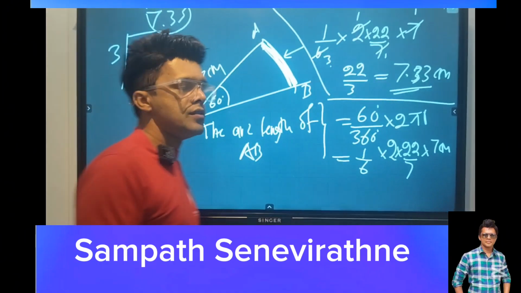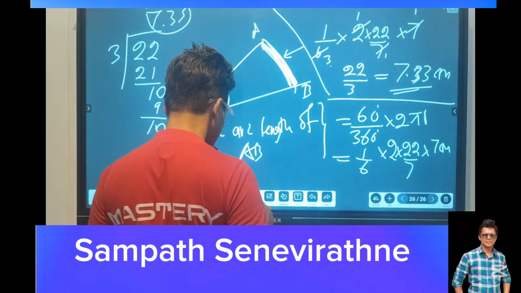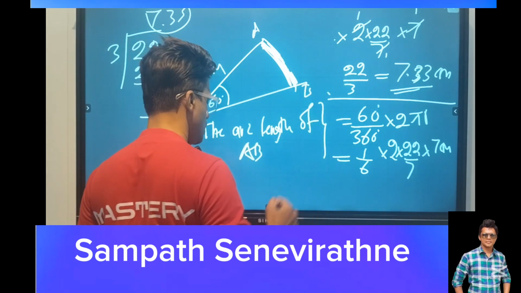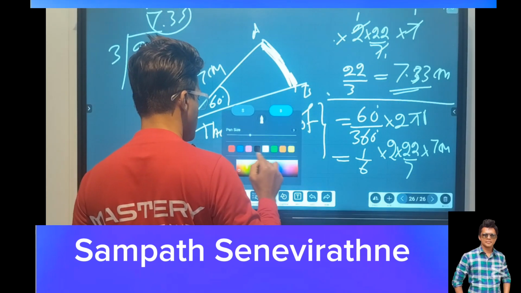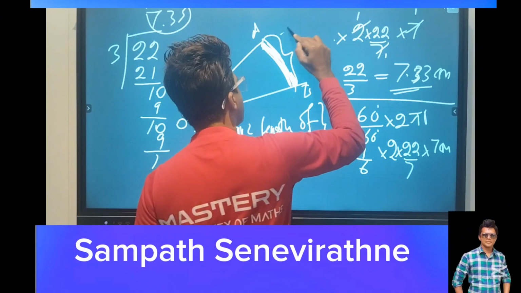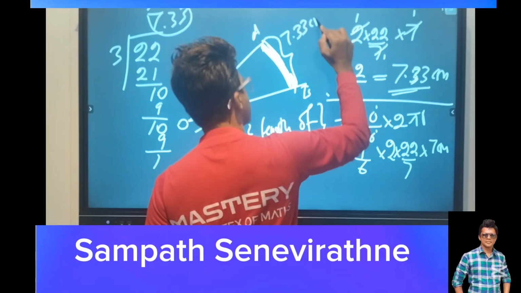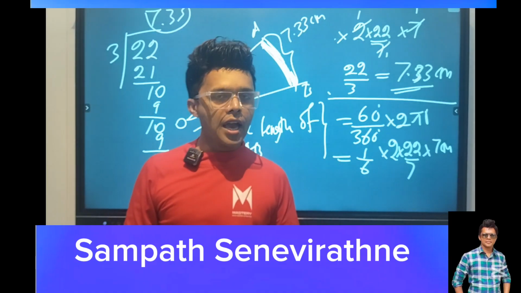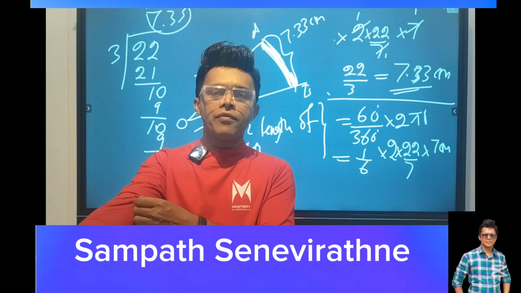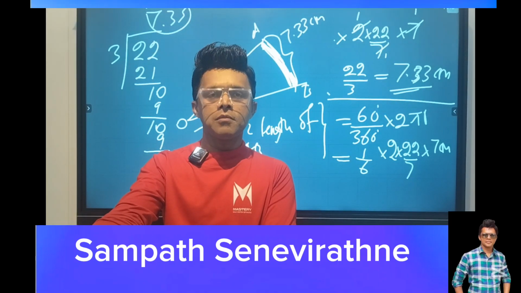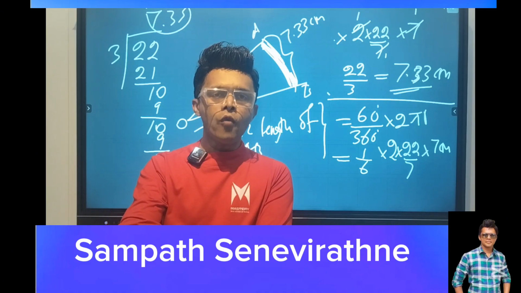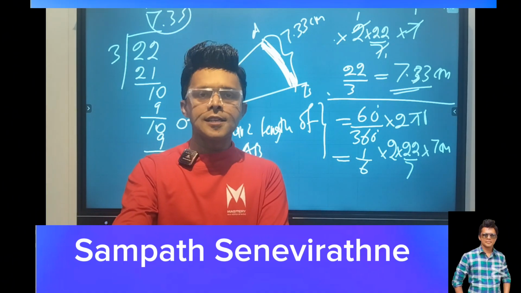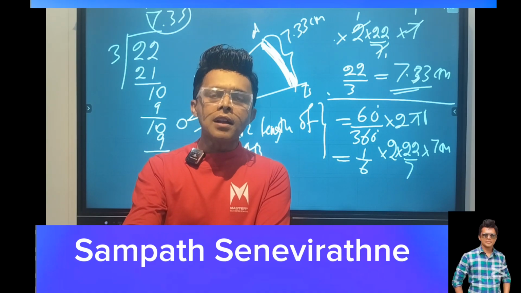So the length of AB is 7.33, which means this arc length is 7.33. But anyway, I have to tell you that if you want to become an expert in this segment, knowing how to simplify these expressions properly is compulsory.